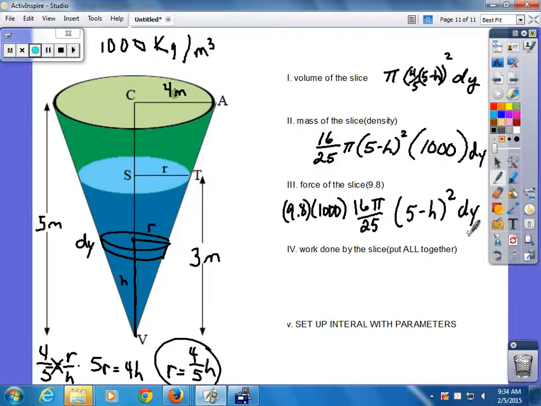And then that's pretty much it. The only thing is, putting this all together, basically just right here, that was 9,800, 16 pi over 25. You can put all that together, or you can just leave it, because you're going to end up pulling it out anyway. So you can pretty much do what you want there.